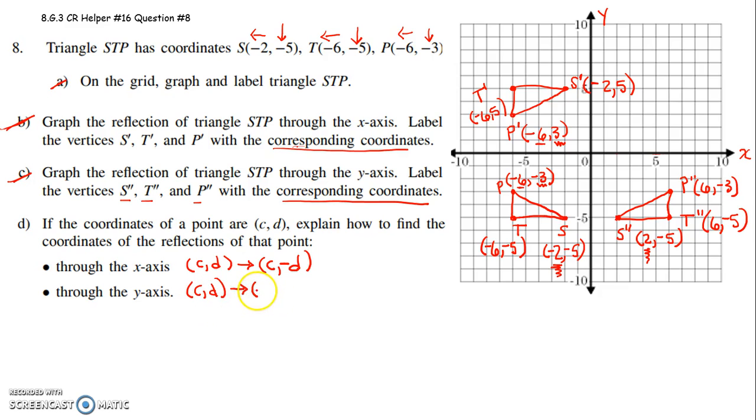If you start with C, you just negate C. Because if you were at a negative 2, negative 2 would get us to this positive 2. So if you're reflecting over the y-axis, you change the sign of the first coordinate, and guess what happens to the second coordinate? That y coordinate just remains the same when we go over the y-axis. All right, I hope that helps.